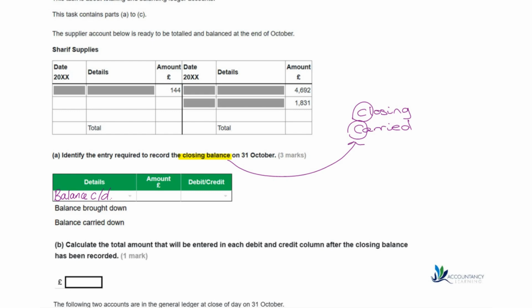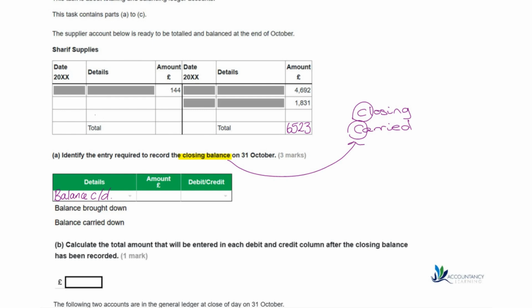Then what we need to do is work out what that amount is going to be. To do that, we need to find the balancing figure. Our total on the credit side is higher than the total on our debit side, so we can do 6,523 as those two added together.